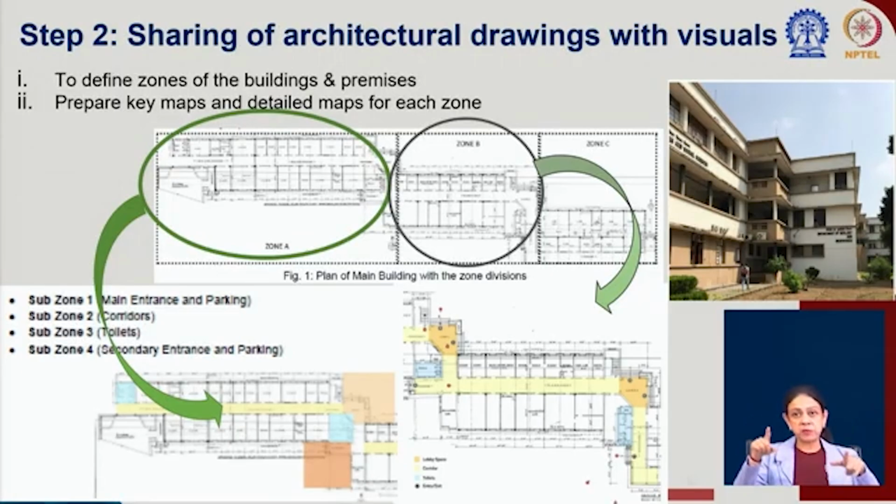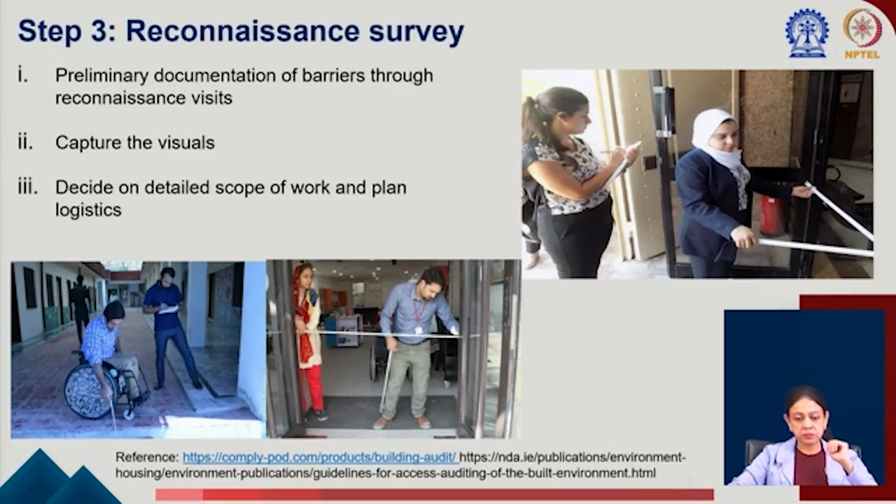Now, within those as-built drawings, you can have zone demarcation, because you may have a huge team, and you can divide your team into subgroups where they can take up the audit exercise in each of these sub zones.